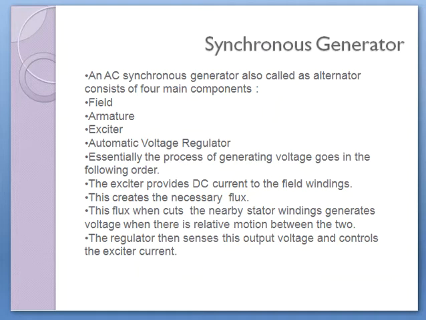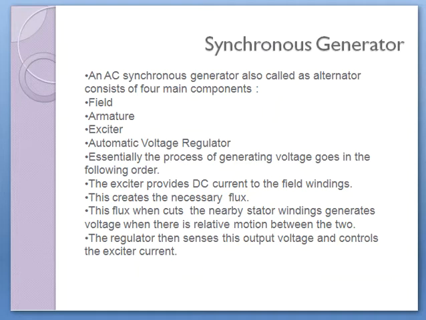This is called an electromagnet. The strength of the magnetic field produced is determined by the amount of current passing through the conductor. When a stronger magnetic field passes a winding, more current is produced in the winding. In a generator, the amount of current produced in the winding can thus be controlled by controlling the amount of current passing through the conductor that is causing the magnetic field.